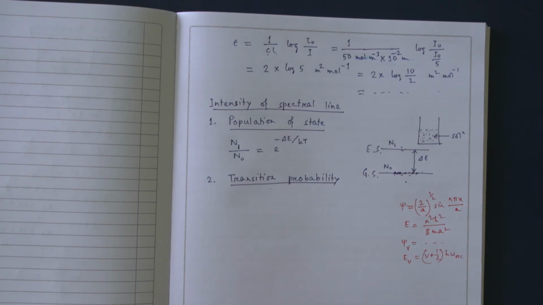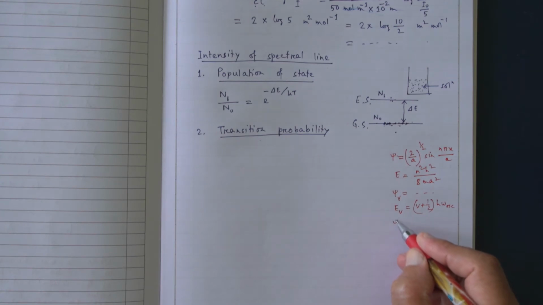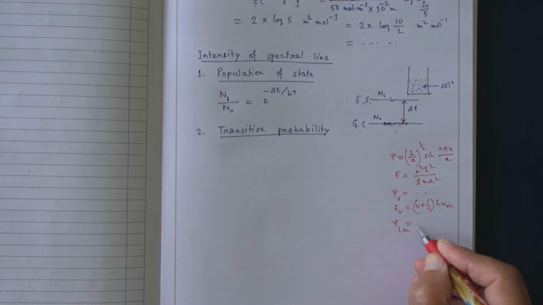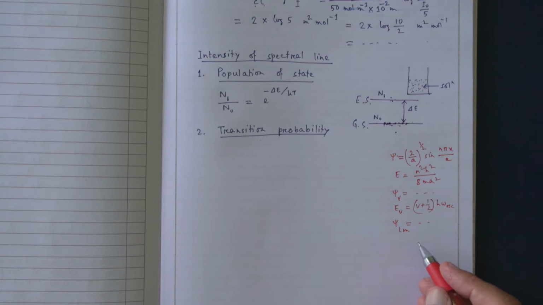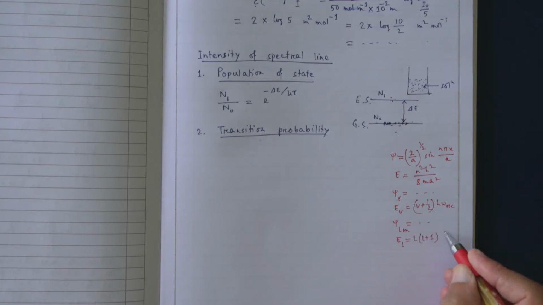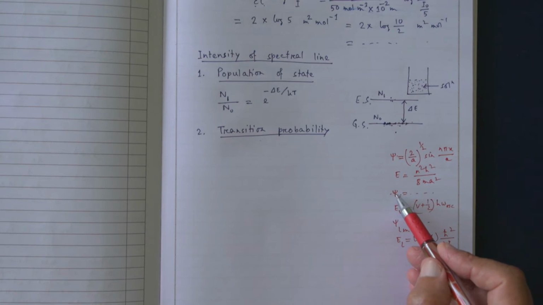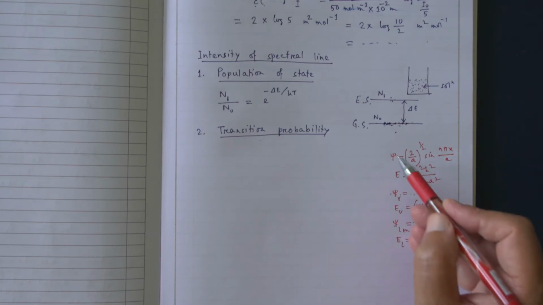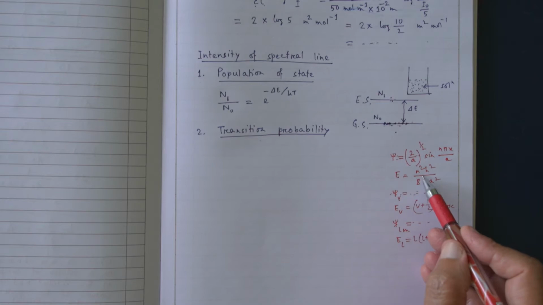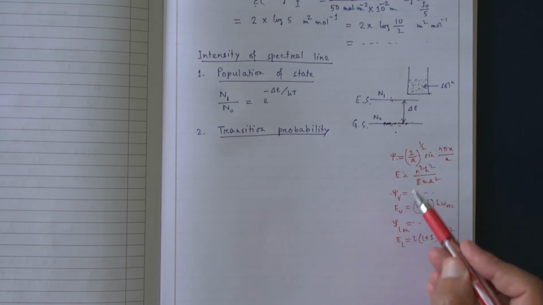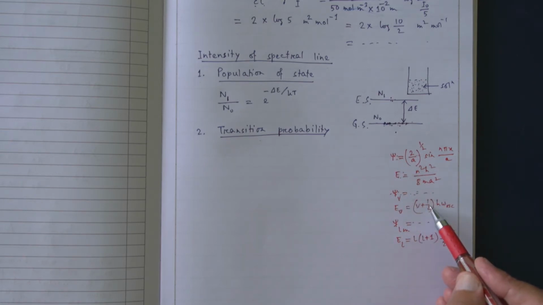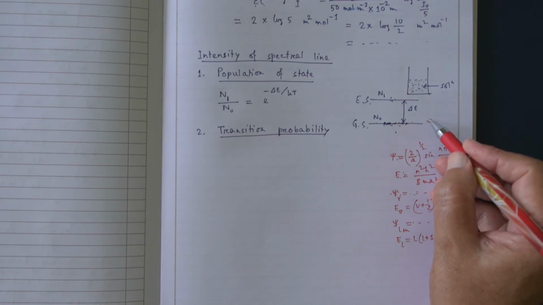Or say rigid rotator. For the rigid rotator also we have a wave function. The wave function depends on two quantum numbers, L and M, and we have the energy L into L plus 1 h bar square by 2I. Okay, so wave function means state, and this is the state energy. So this is one state.